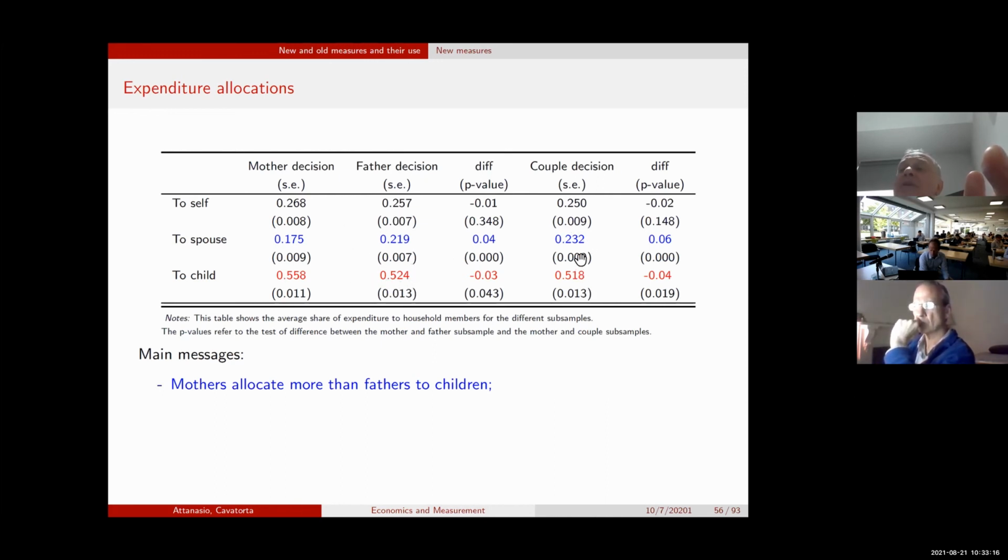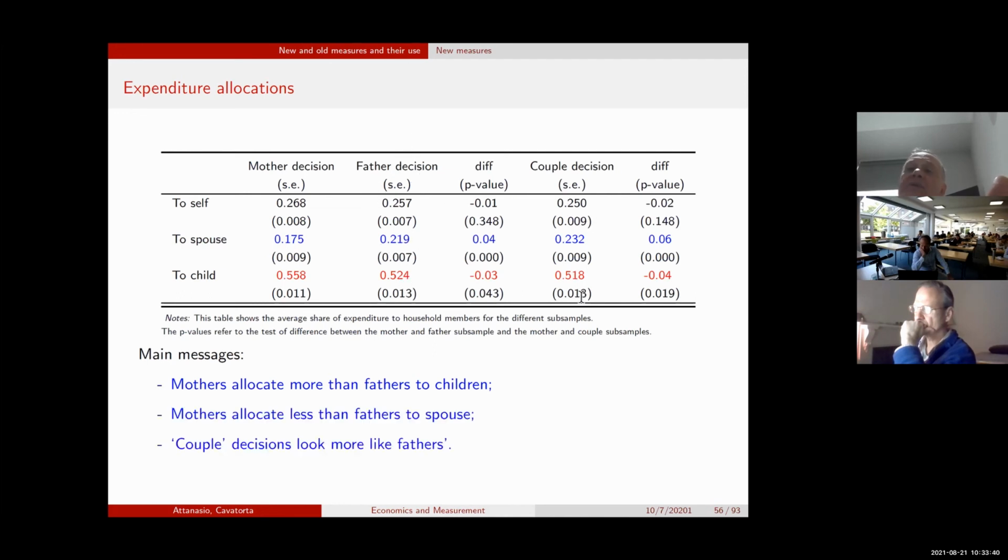The other interesting thing is that when they answer the questions together, the answers are very similar to the father's. So, again, in terms of bargaining power, this is an indication that the power lies with the husband, and that's reflected in the fact that the father's decisions are very similar to the couple decisions.